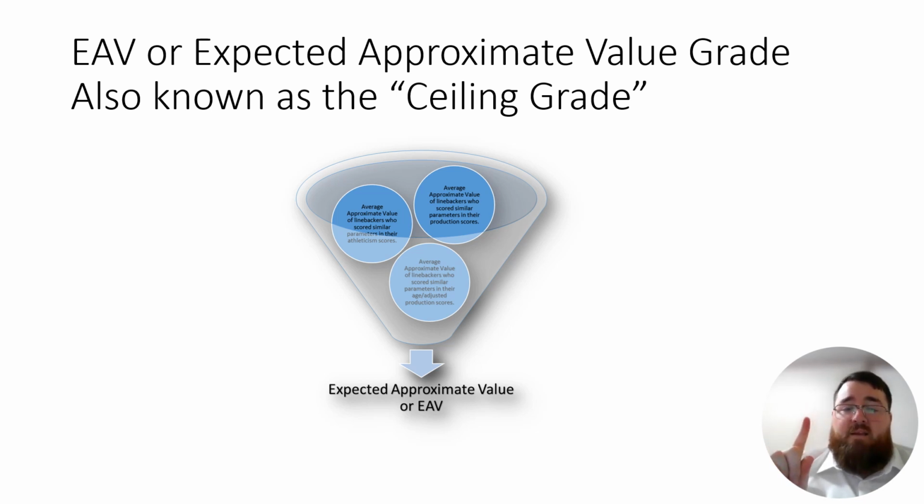And based on that number, it can tell you what their expected approximate value is based on how they tested across the board. So in many ways, it's like a ceiling grade. How much potential does this prospect have based on how he tested as a prospect with various statistical data? That's what this score is, and that definitely is also used in terms of the grading.